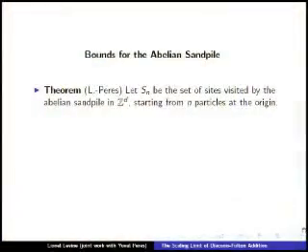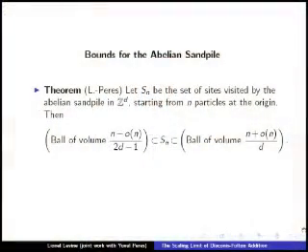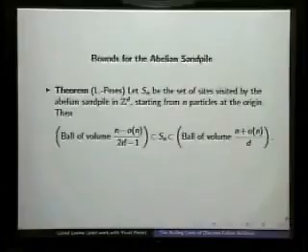Okay, so this isn't circular, but what can we say about it? Let Sn be the set of sites that are visited by the abelian sandpile if we start with n particles at the origin. Then we can also squeeze this set between two balls. But the ratio of the radii of these balls is not going to tend to 1, because, well, it's not known, but probably in the limit, the limiting shape isn't a ball.